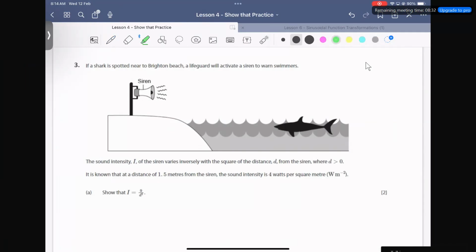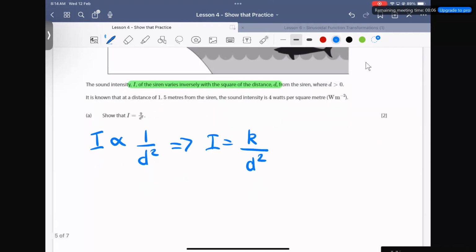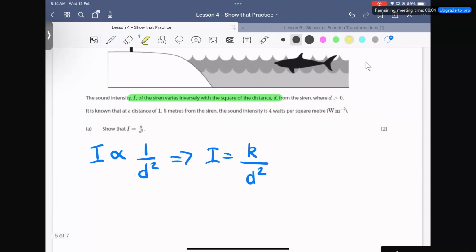What we have to start off with is this sentence here. It says that I varies inversely with the square of the distance d. So as an equation, we need a constant of proportionality, which will be k, and that's going to give us this. Next up, it tells us a couple of values. It is known that the distance of 1.5, so this here is a d.